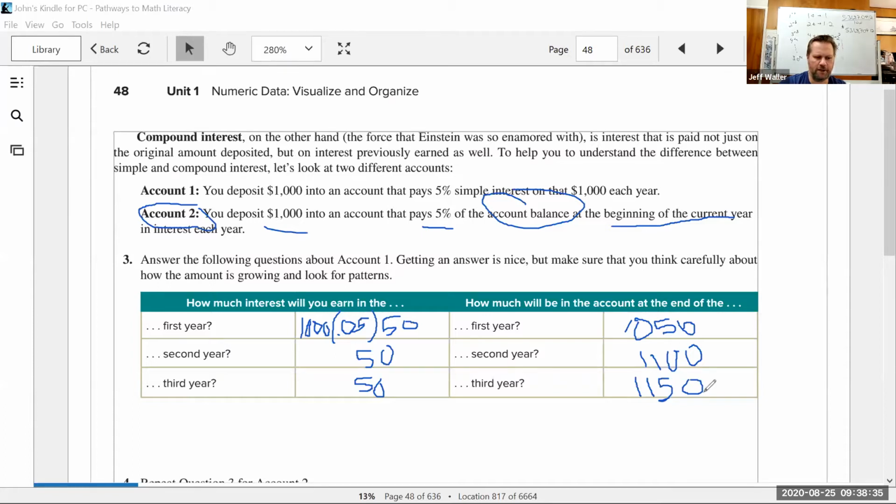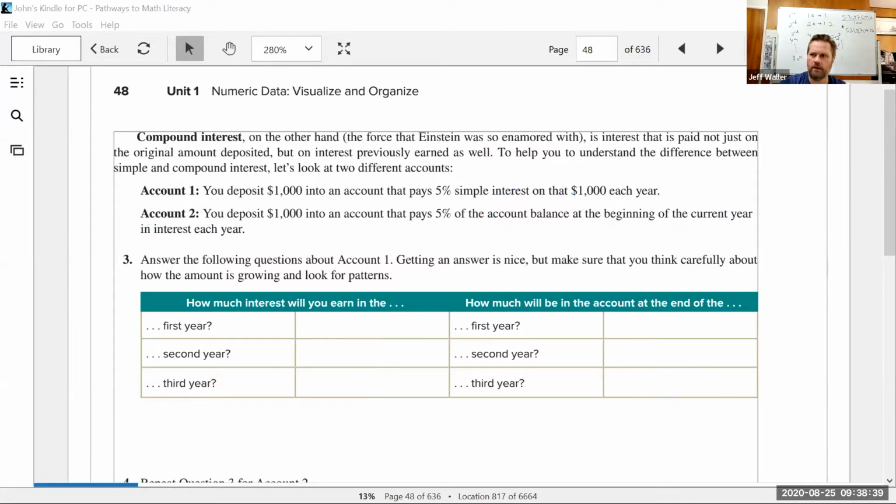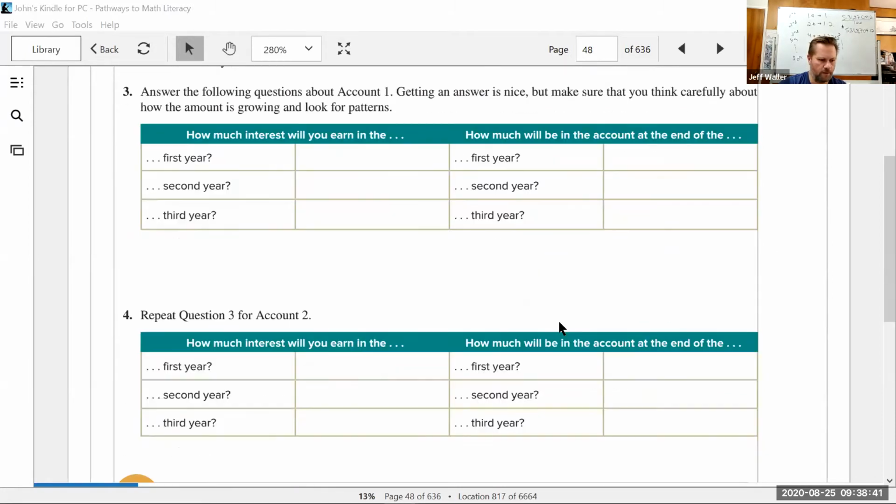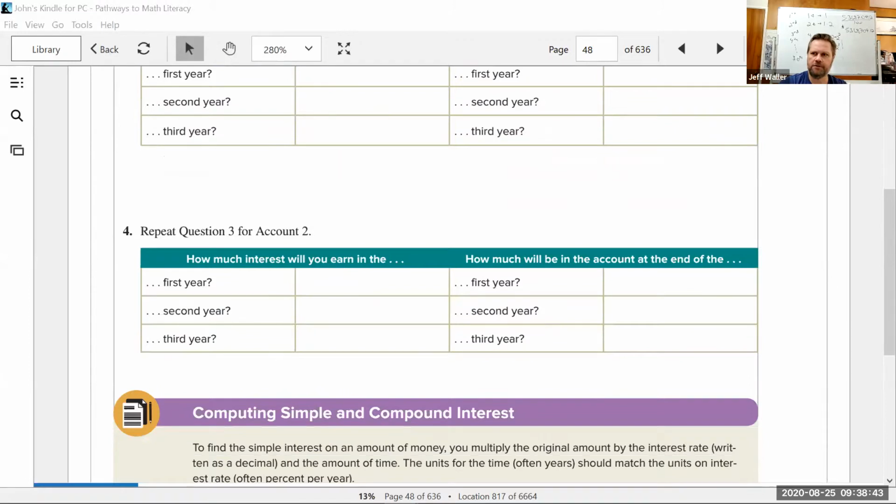Hopefully you got all that written down, because I'm going to clear it. All right, so for account 2, the first year, it's 1,000 times 5% again. It's still 50 after the first year, and now I've got 1,050. But now the second year, what am I going to do?